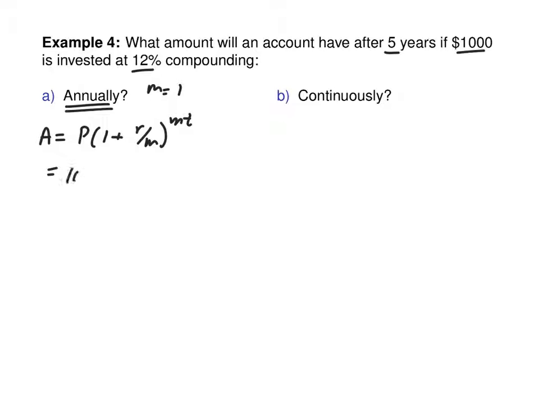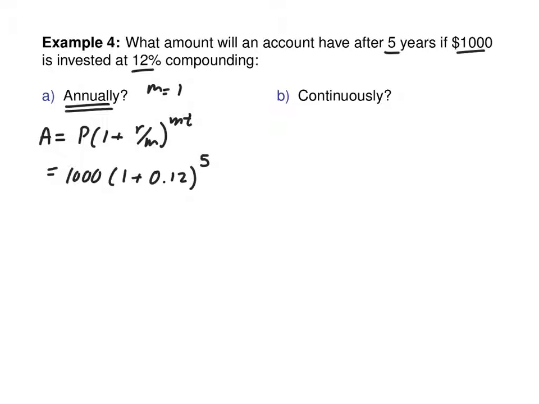And that will be 1,000 times (1 + 0.12/1). What's the power? Oh, 5 years, yeah, because 5 years.